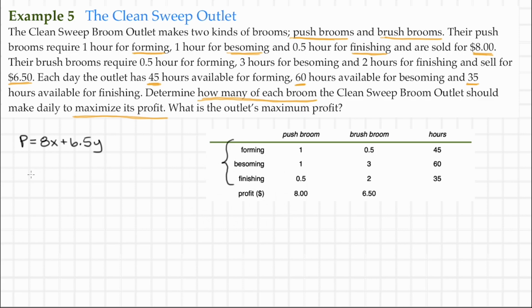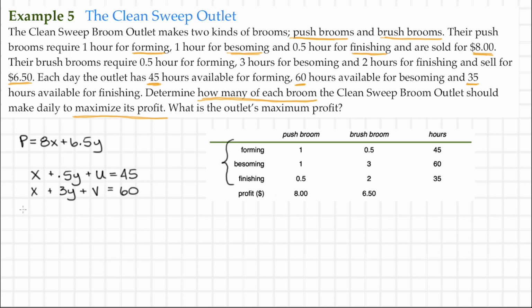So we'll do X, that's our 1, plus 0.5Y. Then we put in a slack variable, we'll use U, and that's equal to 45. Then we have X plus 3Y plus a slack variable, but the slack variable has to be different than in this equation, so we'll use V, and that's equal to 60.